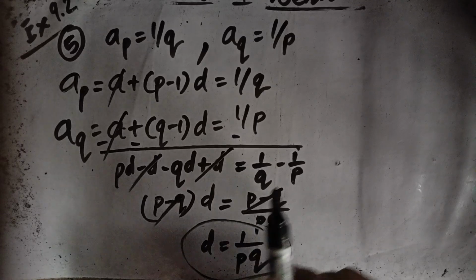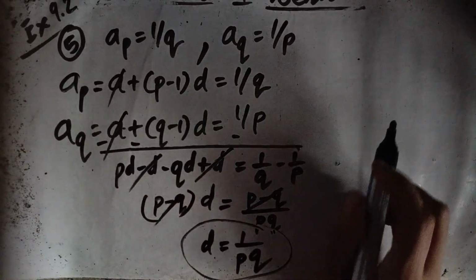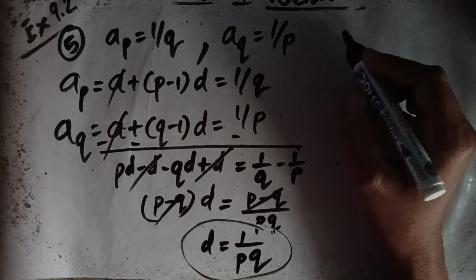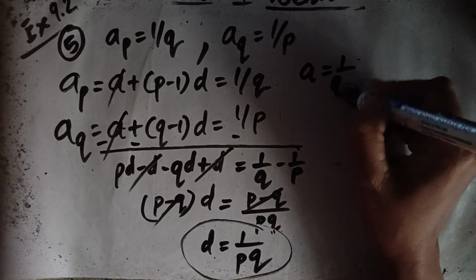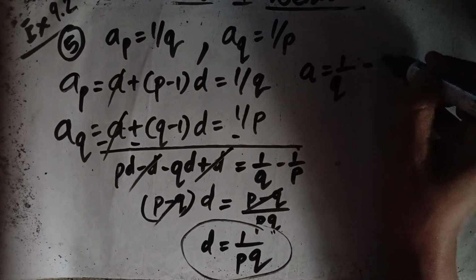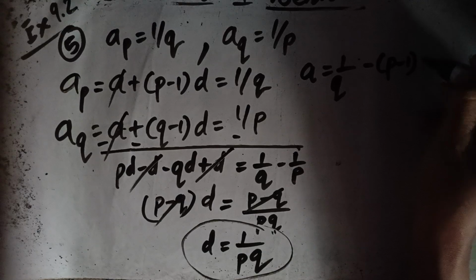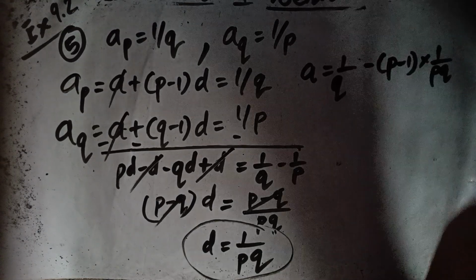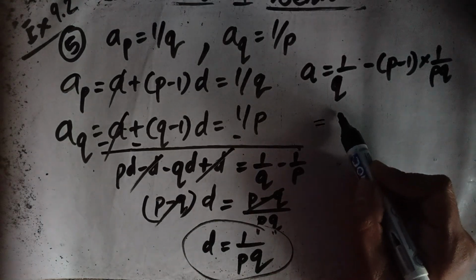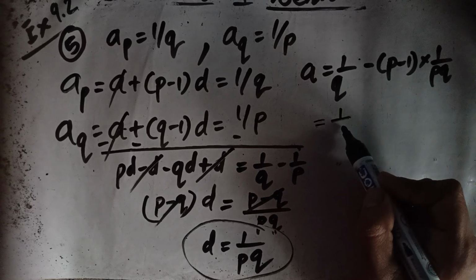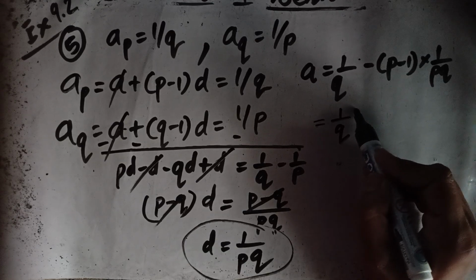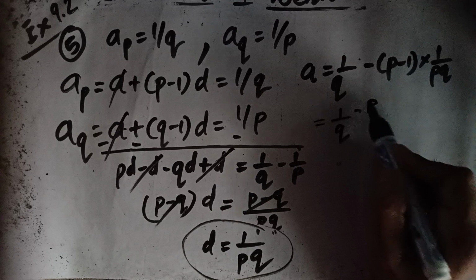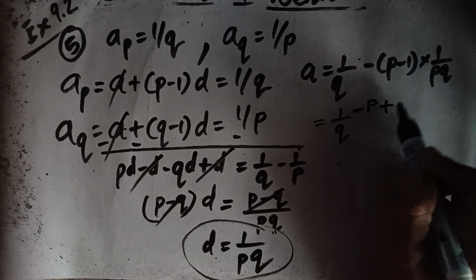What about a? You have to substitute in any one of the equations. Suppose in 1 I am substituting. Then a equal to 1 upon q minus p minus 1 into 1 upon pq. So this is 1 upon q minus p plus 1.